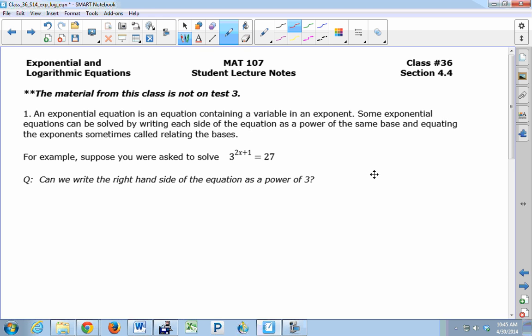Yes. And what would that power be? 3. So I can rewrite 27 as 3 cubed. Since my bases are the same, 2x plus 1 has to equal 3. So all you do is equate your two exponents and solve for x.